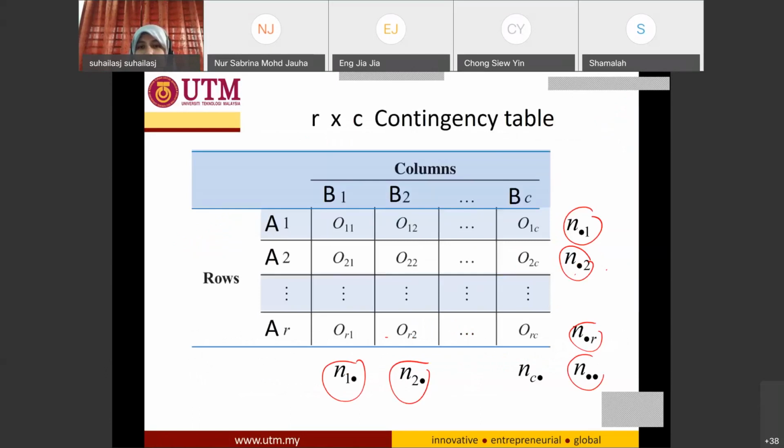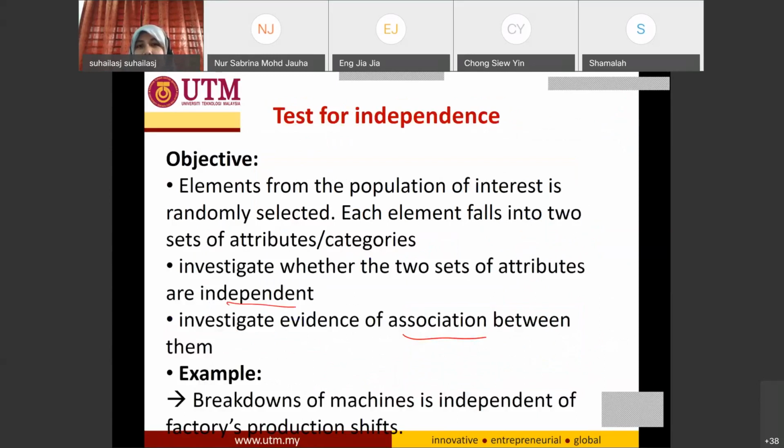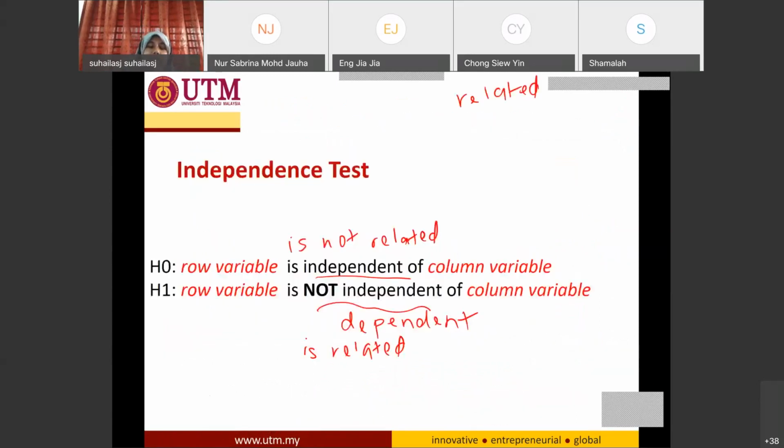There is only one way to write the null and alternative hypotheses. In the null hypothesis, the row variable is independent of the column variable, or you can say the row variable is not related; as long as the meaning is independent. In the alternative, the row variable is not independent, so it is dependent or related to the column variable.